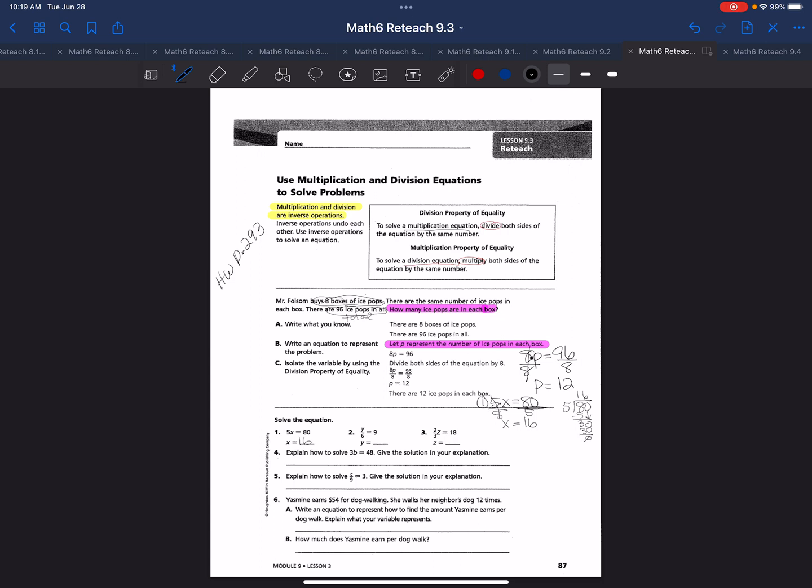Question 2. I'm going to just take this away so we can do question 2. Y over 6 equals 9. Anytime you have a variable, it's understood that there's a 1 in front of it. So another way to write this is 1/6 y. But for today, we're just going to look at this as y over 6. Y is being divided by 6.